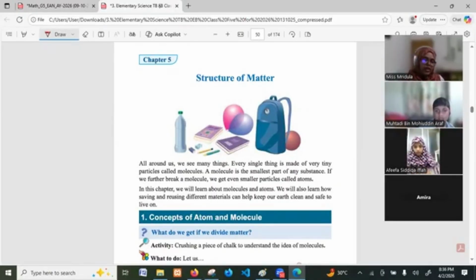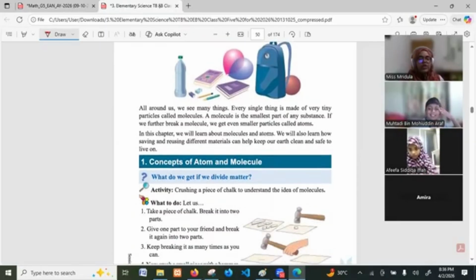So by learning the first 2 pages, we got the terms molecules and atom. We got to know that a molecule is the smallest part of any substance, right? And if we break it down further, we get the smaller particle called atom.